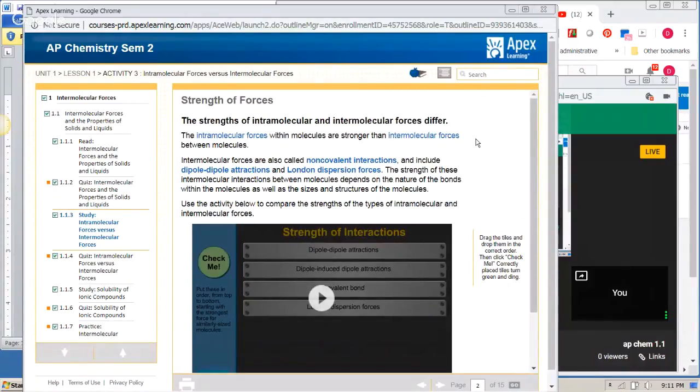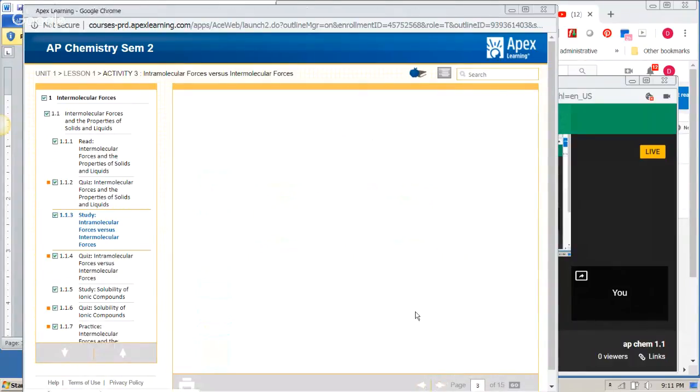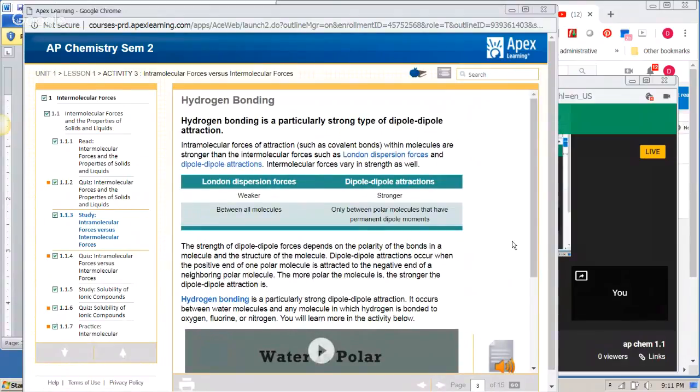I'll just pause so you can take a look and read. If I go too fast, just pause the recording.